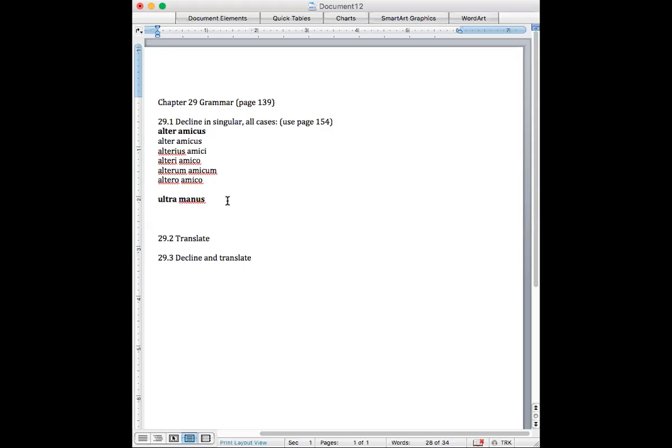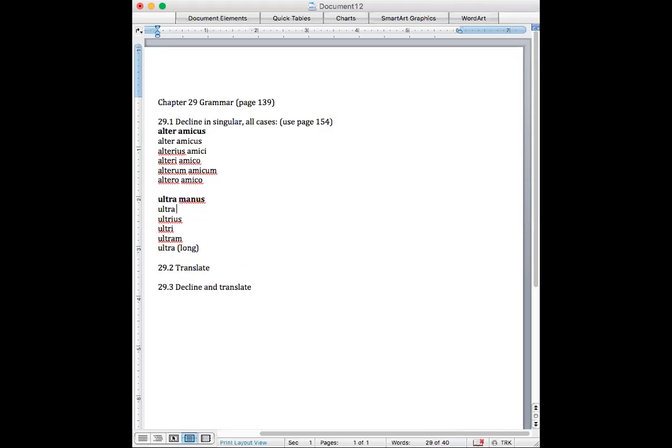So we've got utra, utrius. That genitive singular is going to be the same across all genders. Utri, utram, excuse me, utram because it's feminine, and then utra with a long A for the ablative.